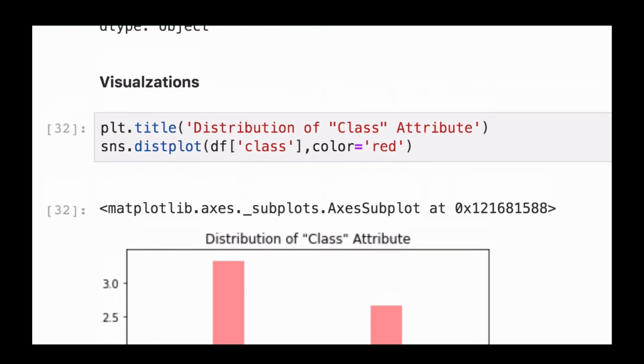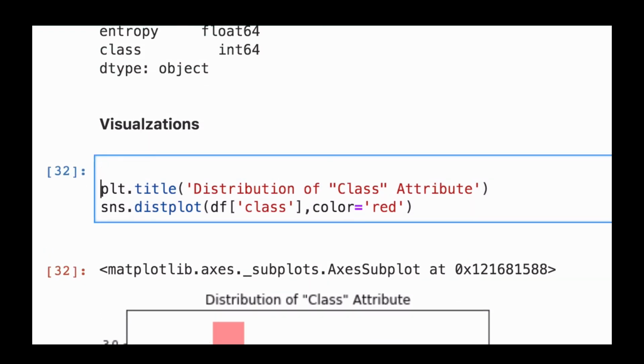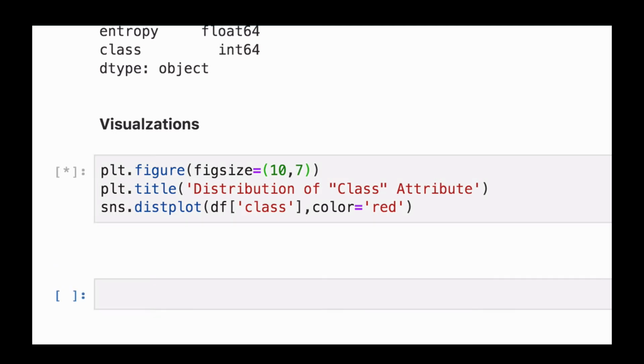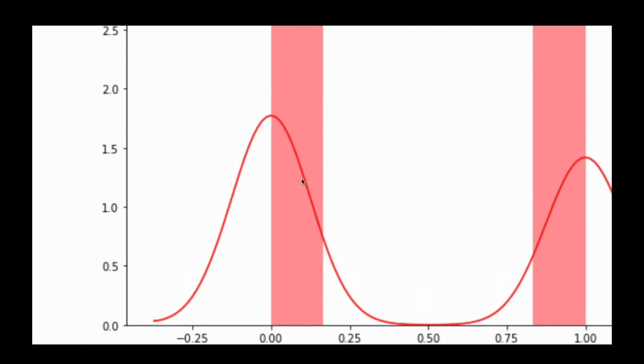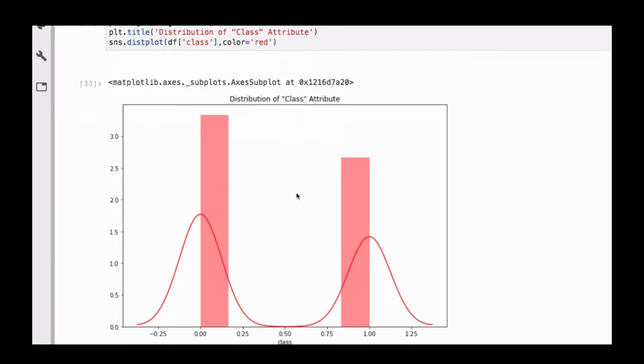If you want to manipulate the size, you can control that by using the matplotlib figure, plt.figure, and then you can set the figure size. You give the length and the width, so maybe in this case we can give 10 and then 7. You can see that now it's very big. You can control that with that.